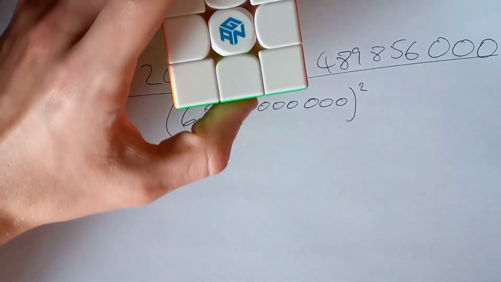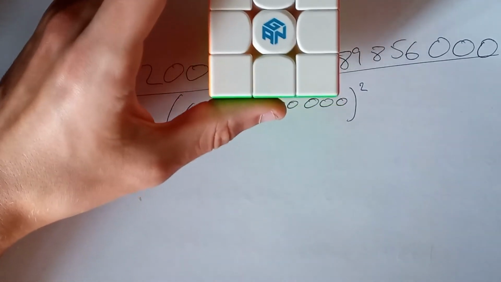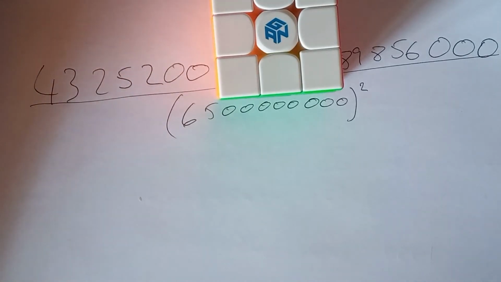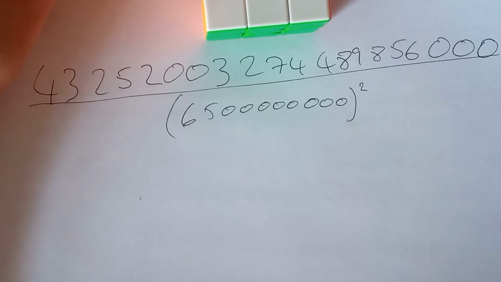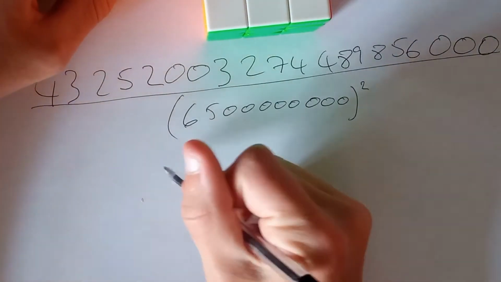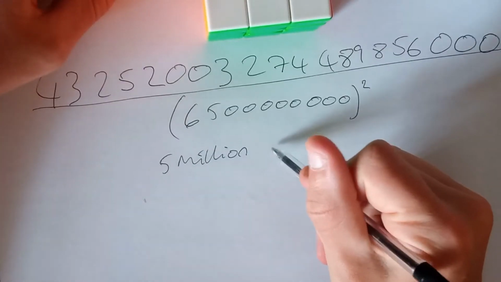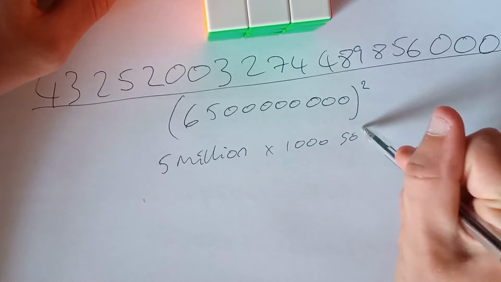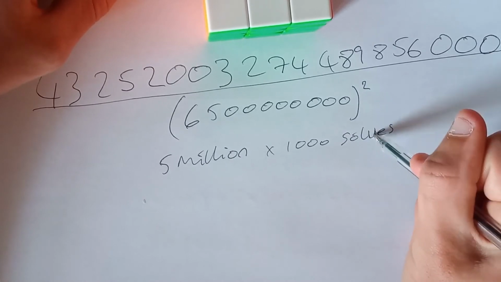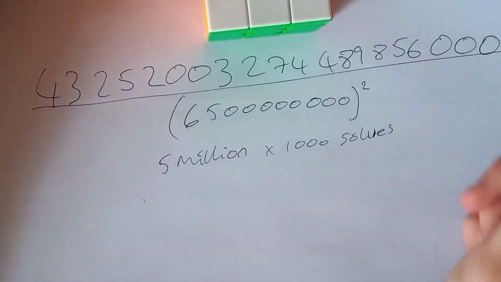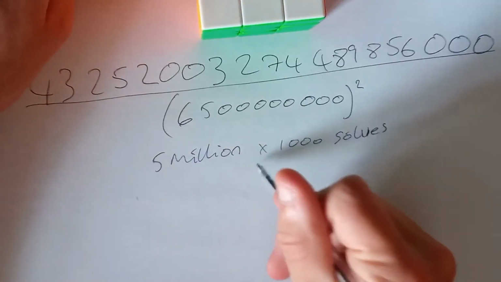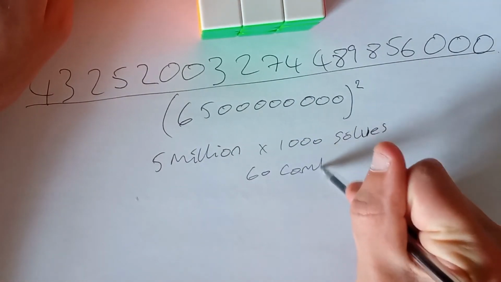But in reality, of course, most people have never actually even seen a cube. And this raises a question: how many scrambles have actually been seen? Maybe there are about 5 million people in the world who have each done about 1,000 solves. And considering most of them don't use full CFOP, probably cycle through about 60 combinations per solve.